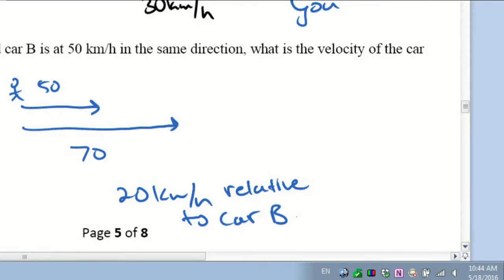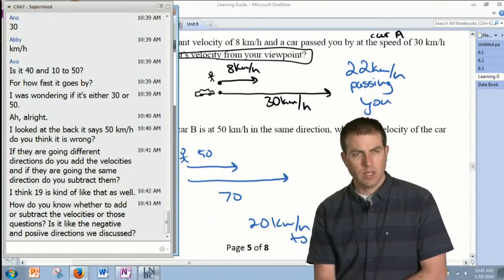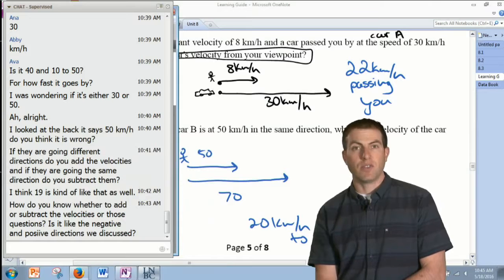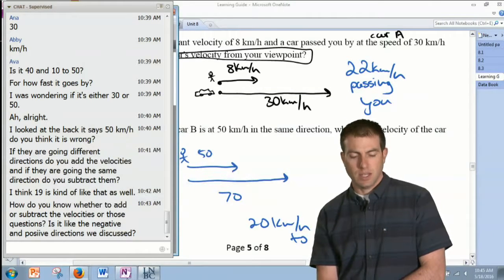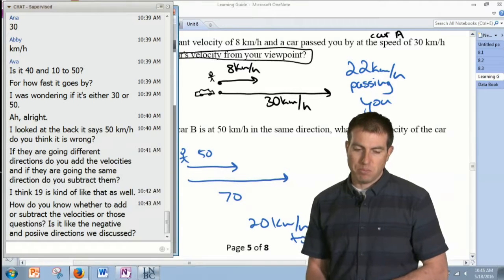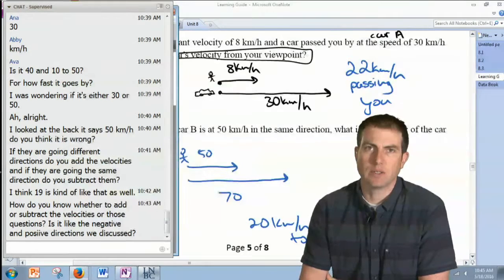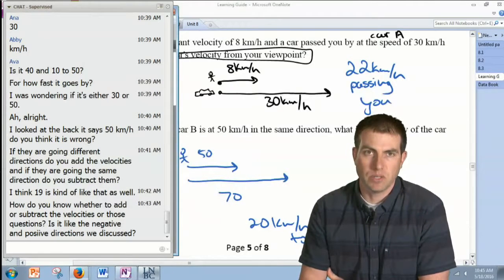It doesn't really work out like the opposites. I guess when you described it by saying if they're going in the same direction, you subtract, and if they're going in opposite directions, you add, that would make sense. But the questions can be difficult because of asking from different perspectives.